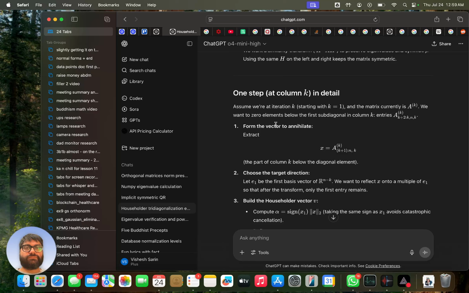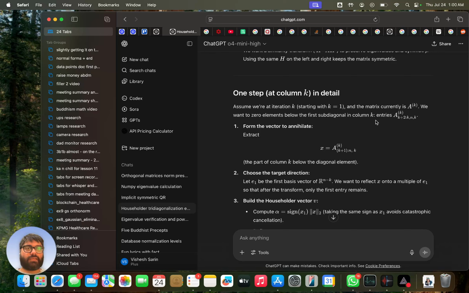We want to zero elements below the first subdiagonal. So we have the main diagonal, we have the subdiagonal, and then I think the superdiagonal. I think that's what it's called. Those are the 3 diagonals. That's what they're called, right?